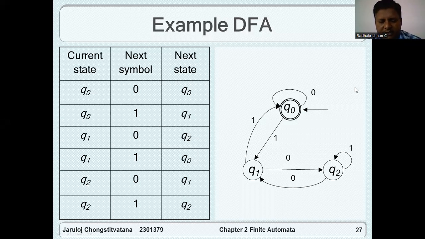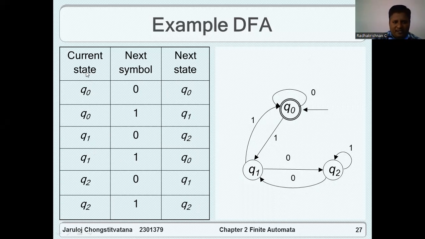Next, we consider an example of a DFA. This diagrammatic representation is the transition diagram. Here we have the current state and the reader input. Suppose Q0 with 0, what is the next state? Q0. Similarly, Q0 with 1 means Q1 is the next state. Now Q1 with 0, Q2 is the next state. Q1 with 1, Q0 is the next state. Next, Q2 with 0, Q1 is the next state. For Q2 with 1 as the reader input, Q2 is the next state.